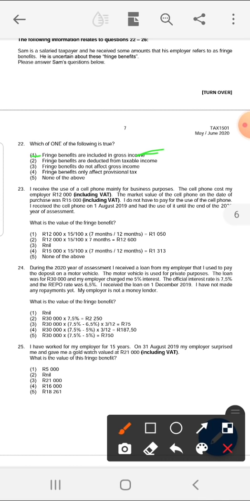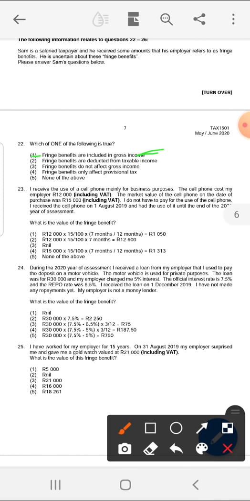So remember, for fringe benefits, the value of the fringe benefit for the use of assets is the lower of the cost paid by the employer and the market value. So our lower here will be 12,000, and then we need to multiply it by 15% because the amount includes VAT.